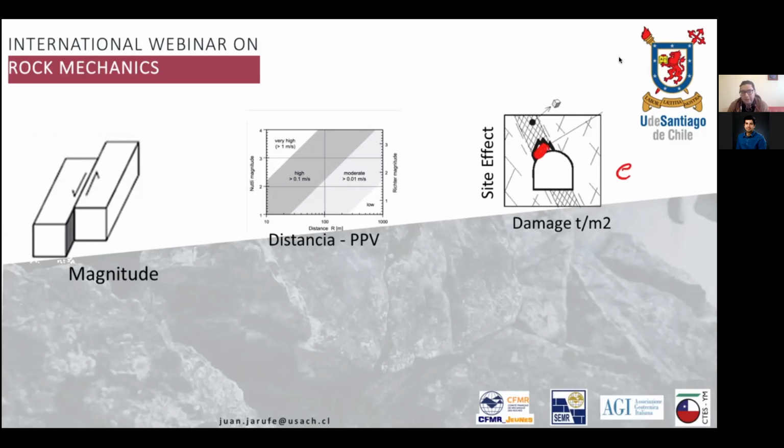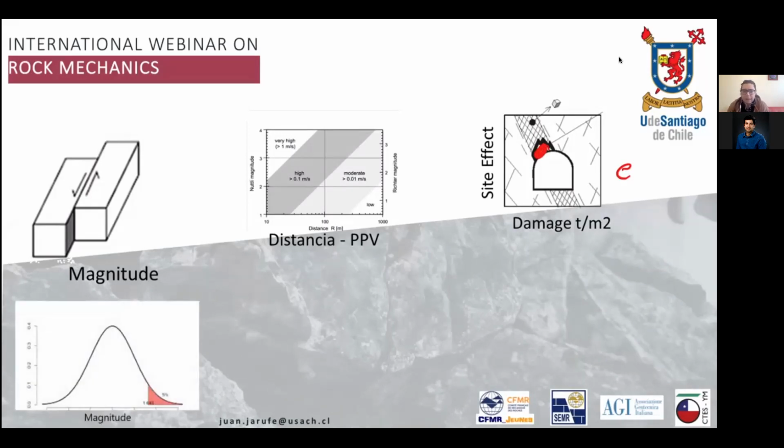However, most of these parameters are not fixed values. They have a distribution of values. For example, magnitude. The maximum magnitude, as we will discuss later, is not one specific value. There is a distribution of values.